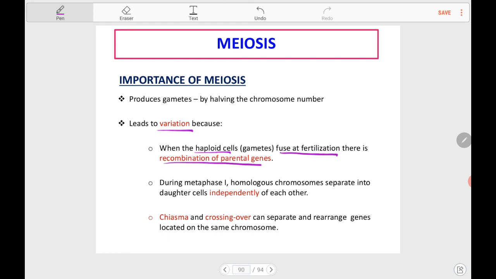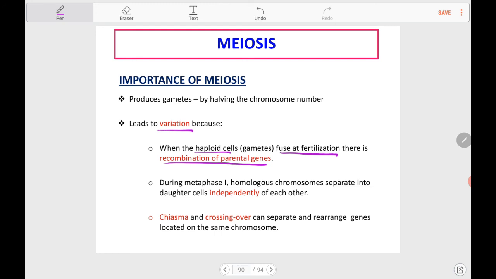recombination of parental genes. Ingat, after meiosis habis, daughter cell, each of the daughter cell are non-genetically identical. So setiap daughter cell tersebut have different gene compositions. So ada pelbagai possibility apabila berlaku fertilization.